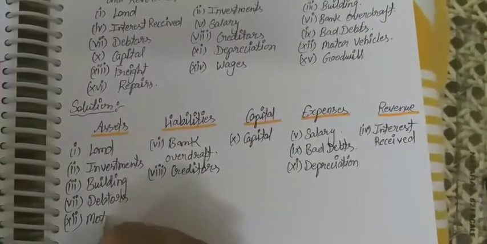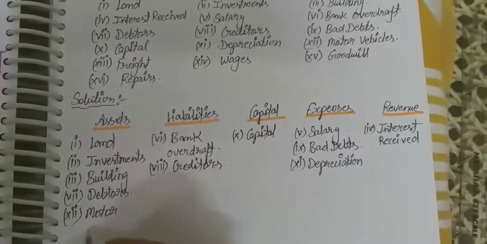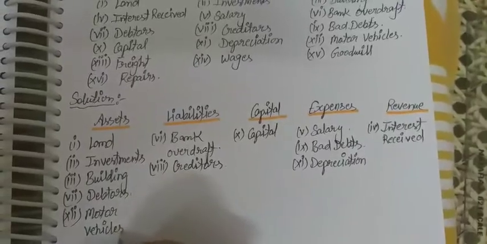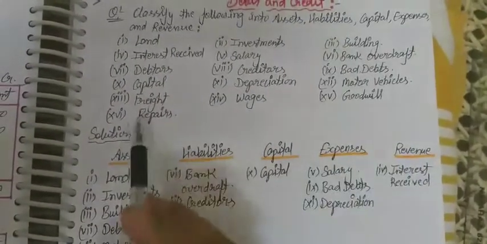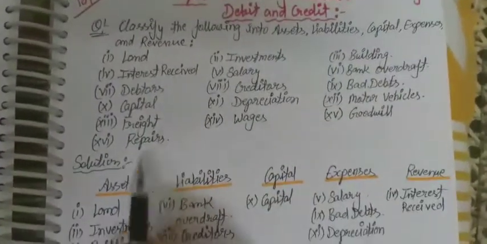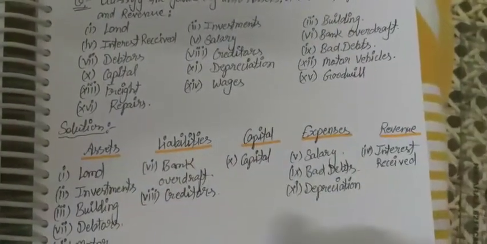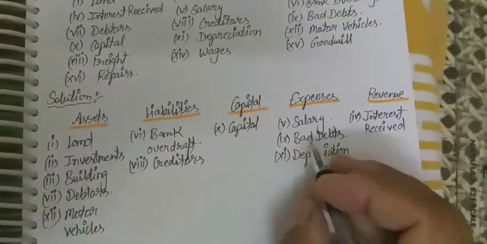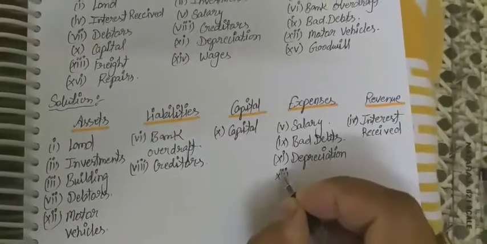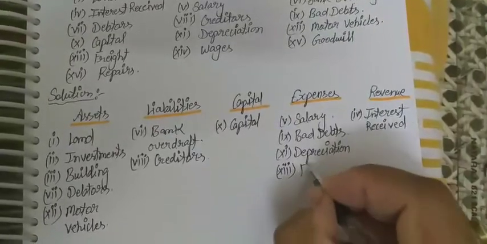So it is motor vehicles. Next one is freight. Freight is that expense which is paid for the transportation. So it will come under the expenses, that is freight.